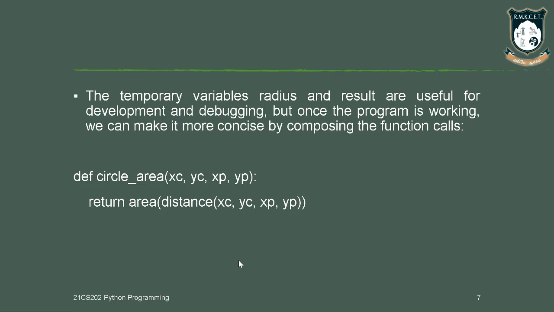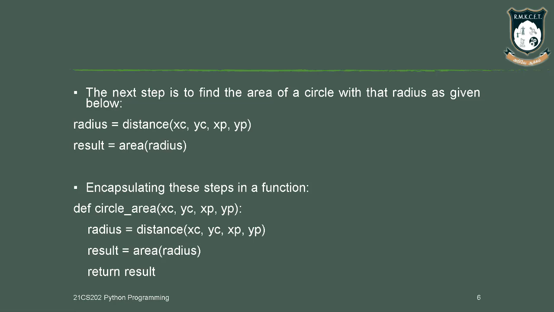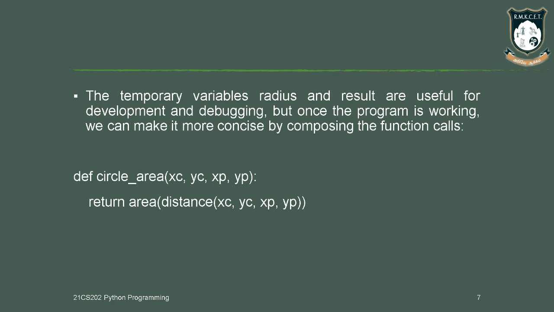If we need to find the intermediate values, we can use temporary variables here. If you are very clear about the development and debugging process, you can club together those codings.